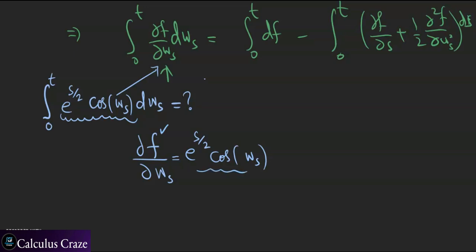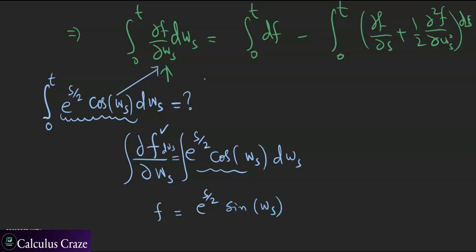So how can I get such f? You can integrate in the calculus 1 sense. So f is equal to the integral with respect to dw sub s of this expression. e to the s by 2 will remain the same, and integrating cos with respect to w sub s, it is going to be sine w sub s.